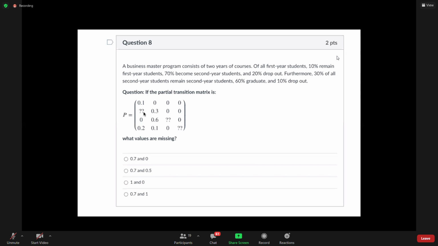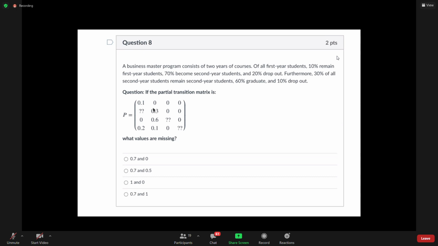Therefore, here we would be missing this percentage of 0.7. The third line would represent the percentage of people who graduate, and the fourth line, the percentage of people who drop out. From the first year, nobody can graduate. That's why we have a 0 here. And the 20% dropout rate is indicated through the 0.2 on the last line of the transition matrix. So this is what the first column represents.